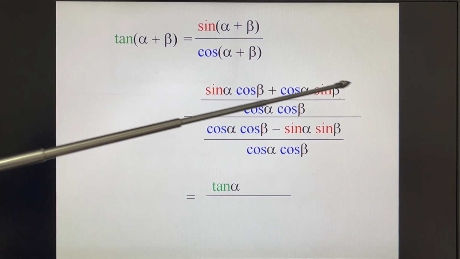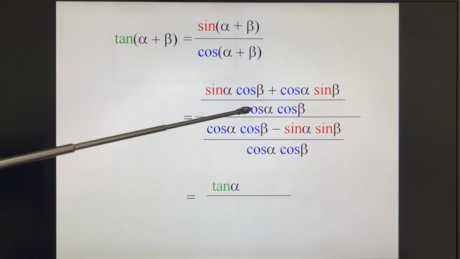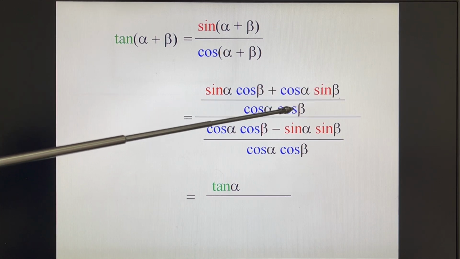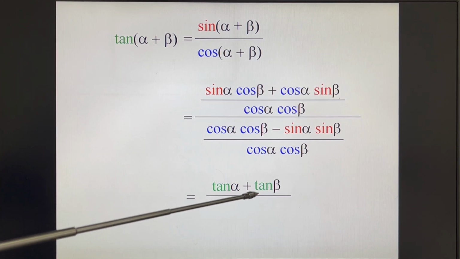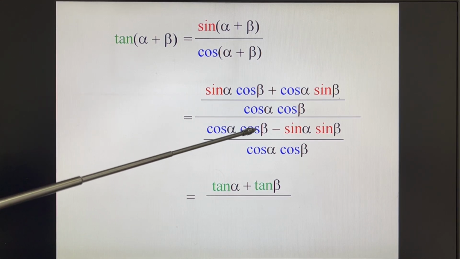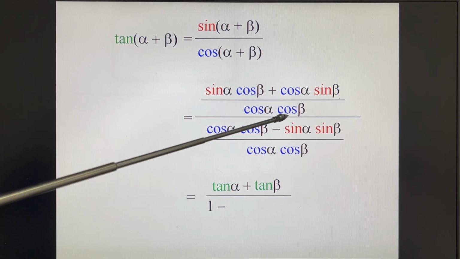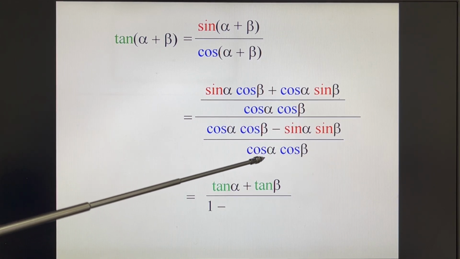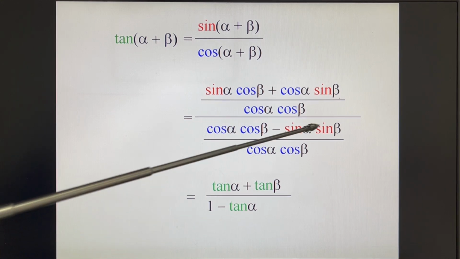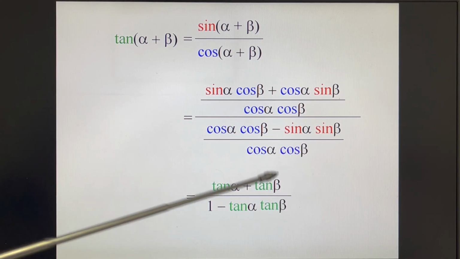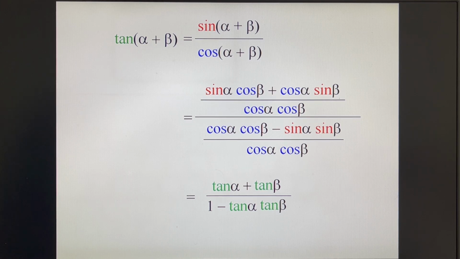Plus cosine alpha cancels out: sine beta over cosine beta, tangent beta. Cosine alpha cosine beta over itself, 1. Minus sine alpha sine beta over cosine alpha cosine beta, tangent alpha tangent beta. That's it. So tangent alpha plus beta equals tangent alpha plus tangent beta over 1 minus tangent alpha tangent beta.